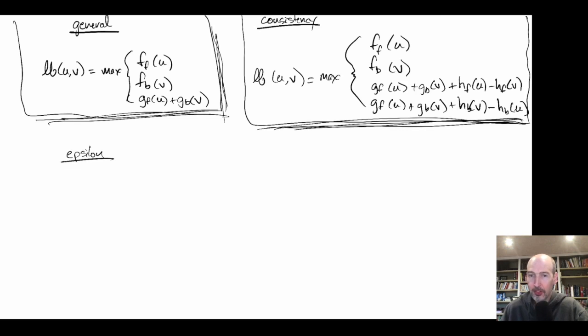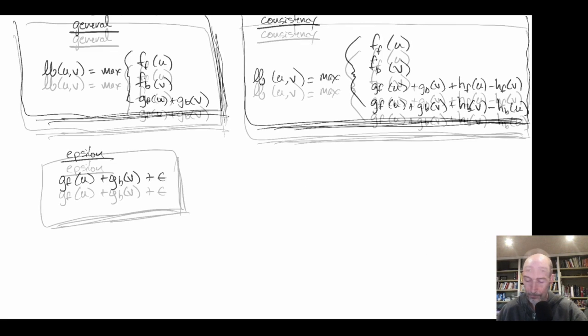What epsilon basically says is if we have a minimum edge cost, then my term, which before was g forward of u plus g backwards of v, I'm now able to add some epsilon to that. If all edge costs are 1, then when I connect the two g's together, I know that the edge connecting them has to have at least some cost epsilon, whatever the minimum edge cost is in my state space.